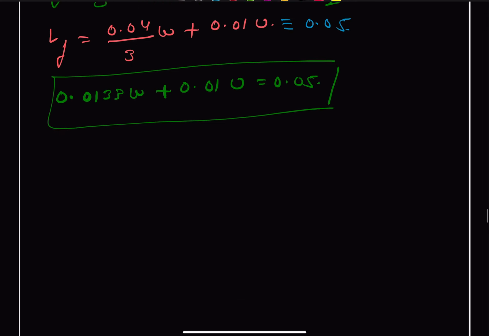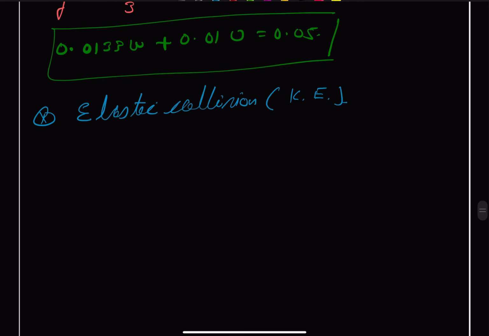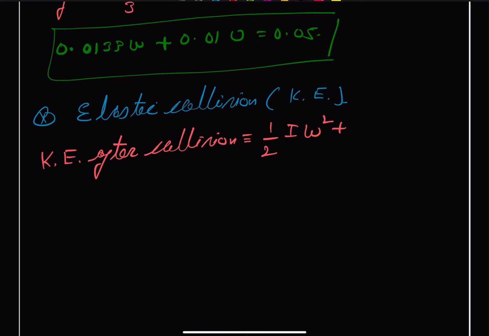So we can say that for our elastic collision with respect to kinetic energy, kinetic energy after collision will be equal to half I omega square plus half m v square.